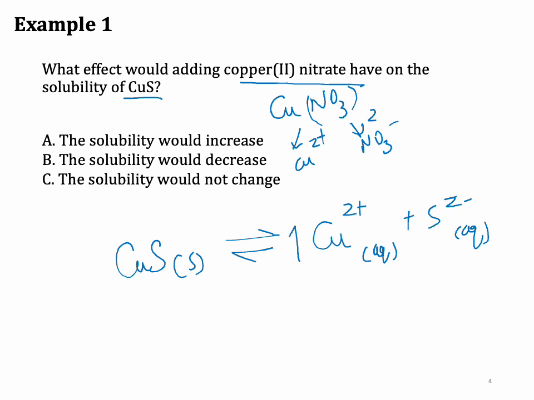Because I'm adding more copper, I'm increasing the concentration of product. The equilibrium will shift towards the left, which simply means that the equilibrium is shifting towards the solid, so the solubility would decrease.